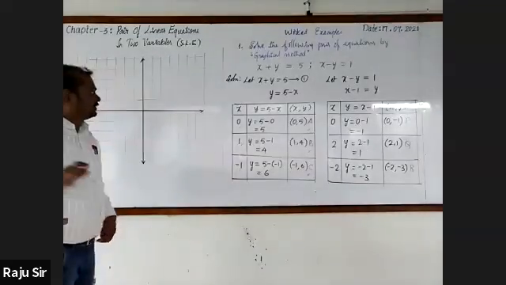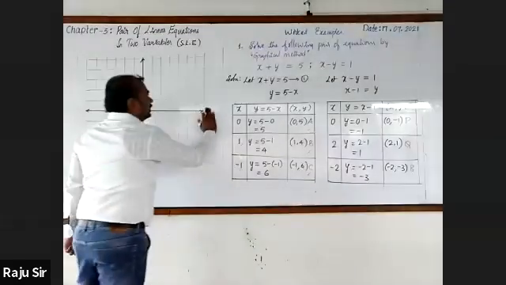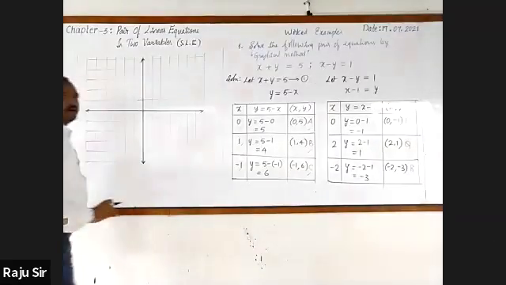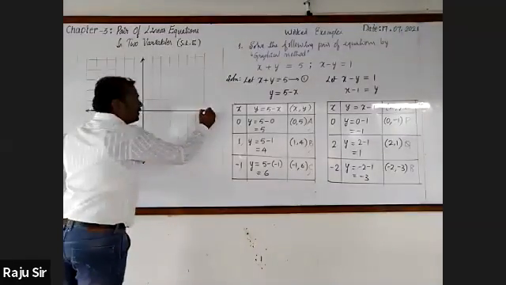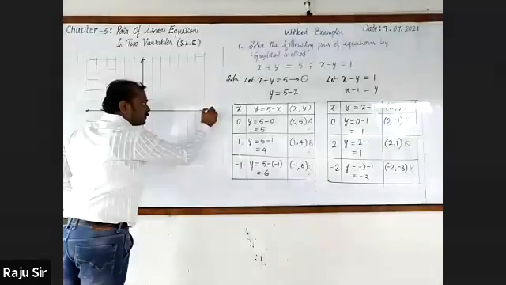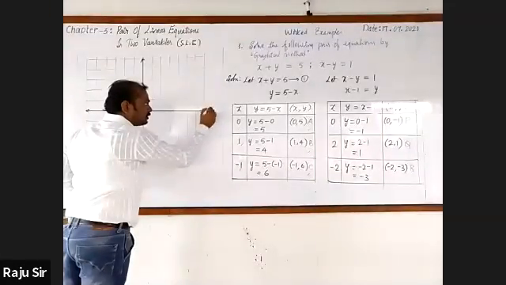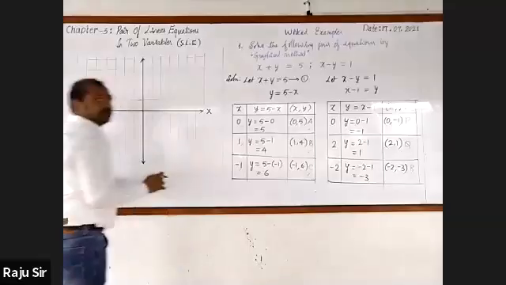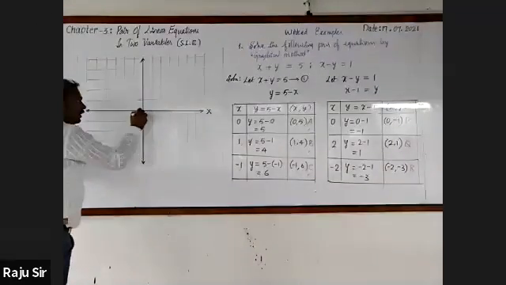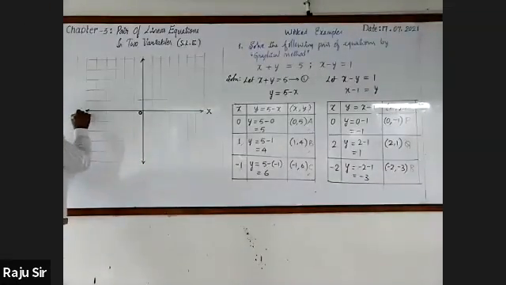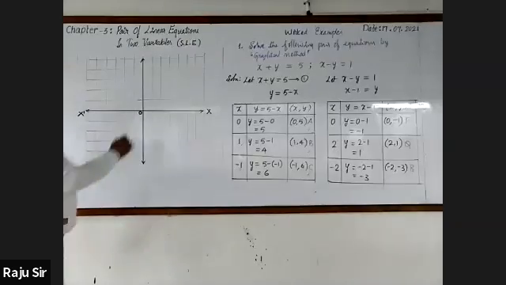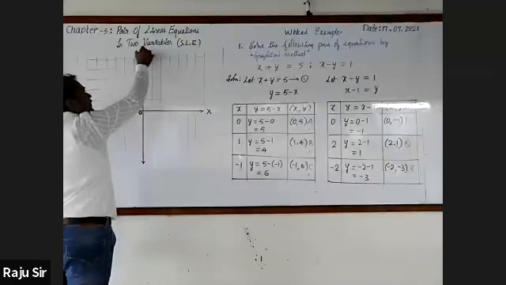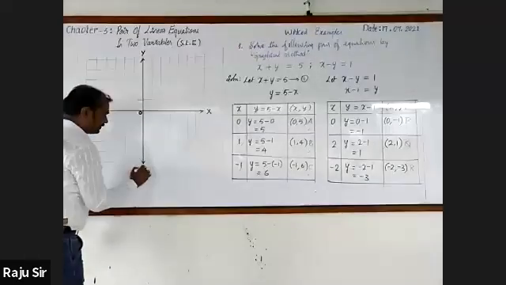Next, we know that the horizontal line is called the x-axis and is denoted as X or X dash. Please write the capital letter X, and O is the point of intersection, and X dash with the negative sign. The vertical line is denoted as Y, O Y dash, capital Y dash.